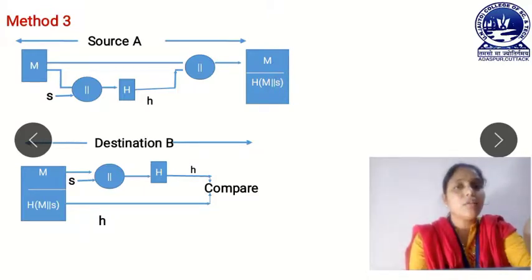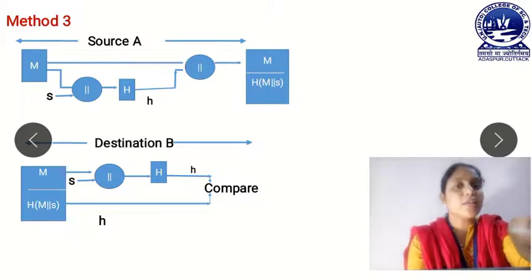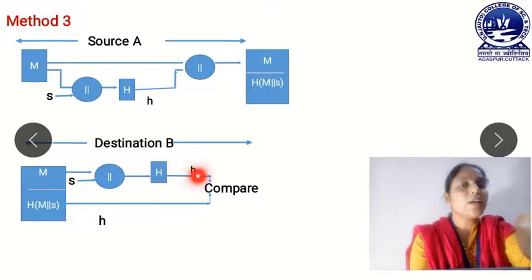destination B. Now look here, when the destination B receives this message, it first of all appends the secret S value with the modified message. After that it calculates the hash value. When it calculates the hash value, this hash value and the appended hash value are different, because the message is changed, so the hash value also changes.